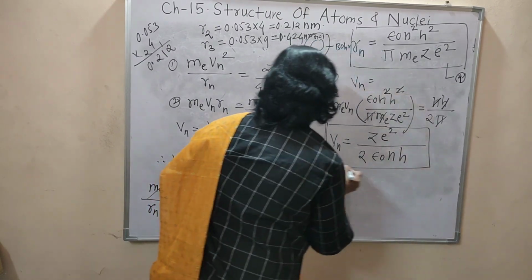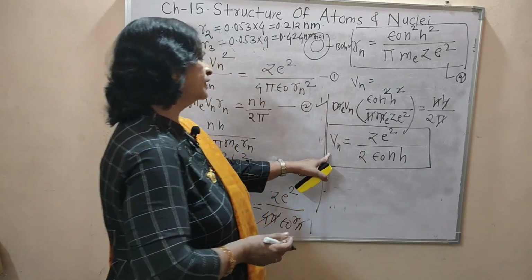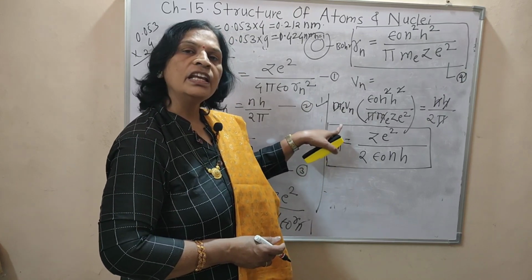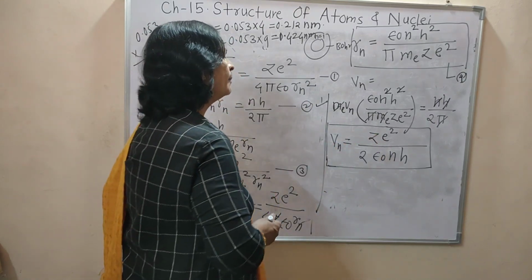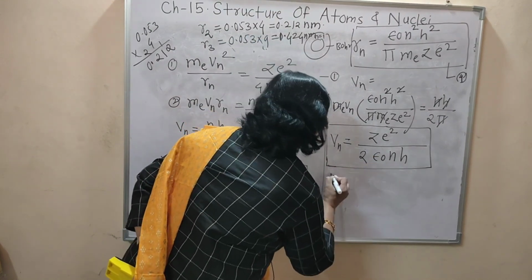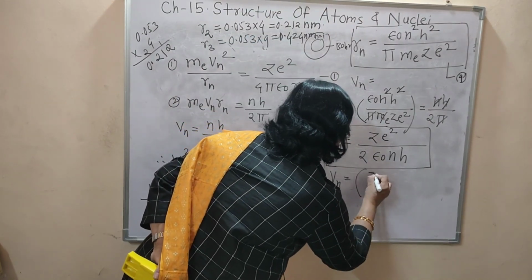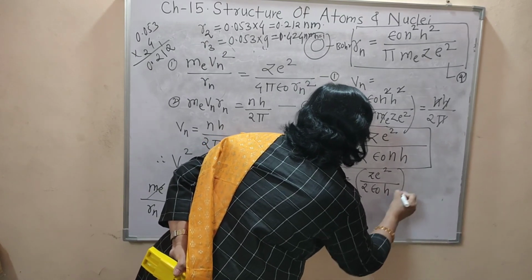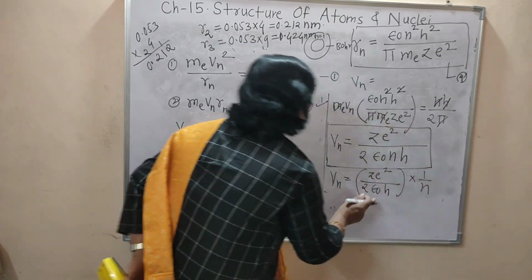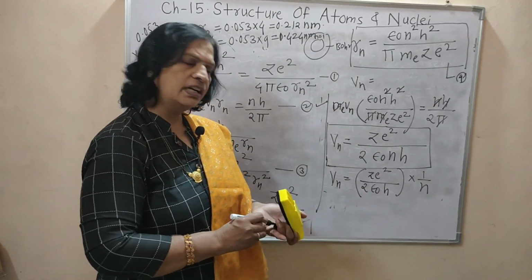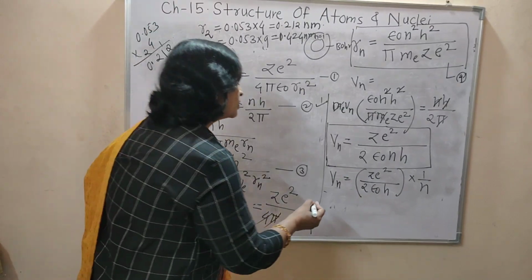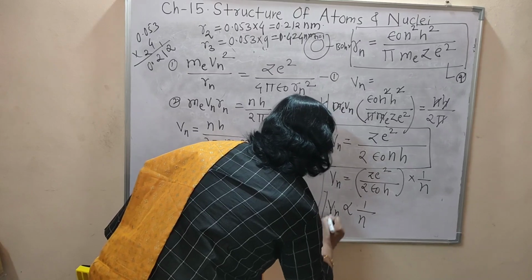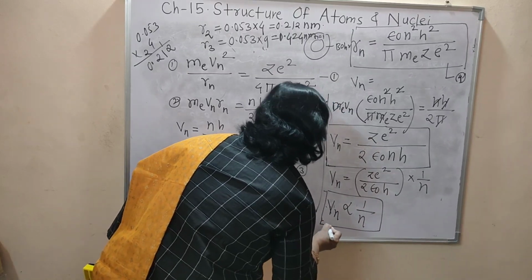This is the derivation for the linear speed of the electron in the nth Bohr orbit. Now Vn equals Ze square over twice epsilon naught h, into 1 by n. All the quantities in this bracket are constant, and therefore the linear speed of the electron is inversely proportional to the principal quantum number.